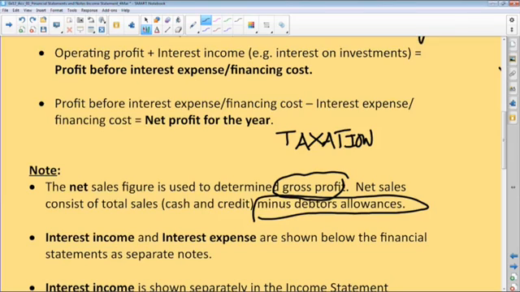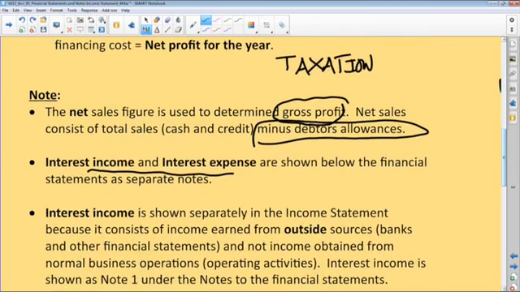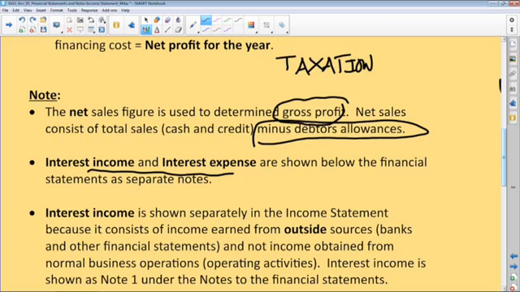Interest income and interest expense are shown below the income statement as separate notes. Why is that? Important question. Interest is shown separately on the income statement because it deals with income that you have earned from outside sources like banks, finance houses, etc. And it is not an operating expense or an operating income per se.